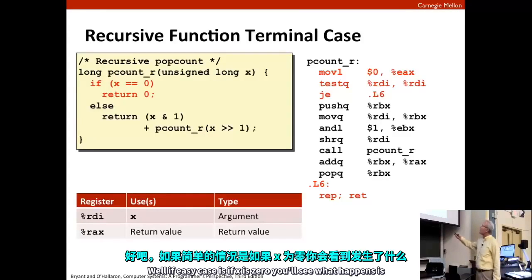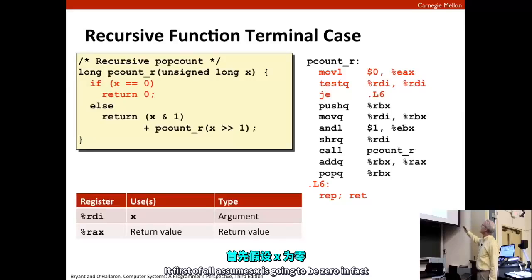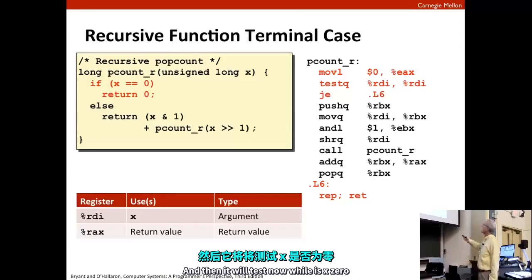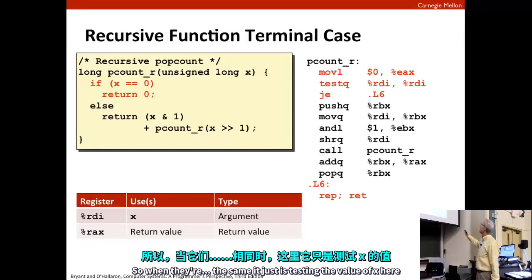Well, the easy case is if x is 0. You'll see what happens is it first of all assumes x is going to be 0, in fact, and sets up the return value of 0 to the register. And then it will test: is x 0? You remember the test instruction has 2 operands that get ANDed, so when they're the same, it just is testing the value of x here.